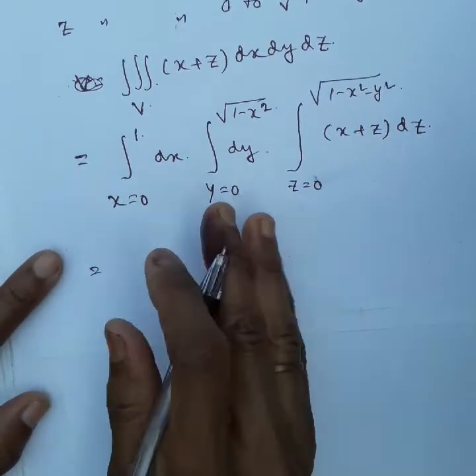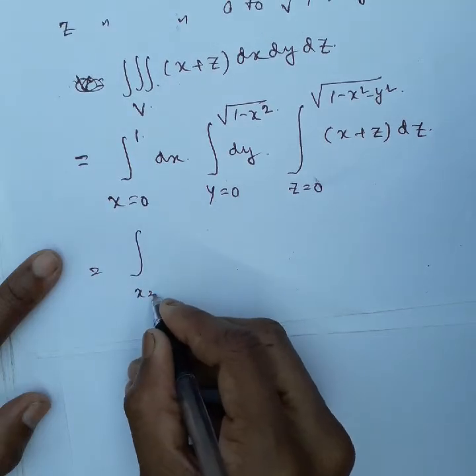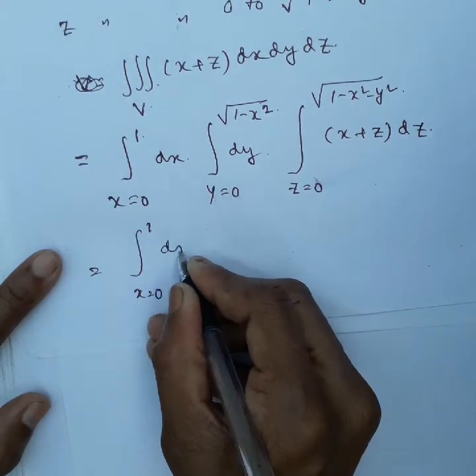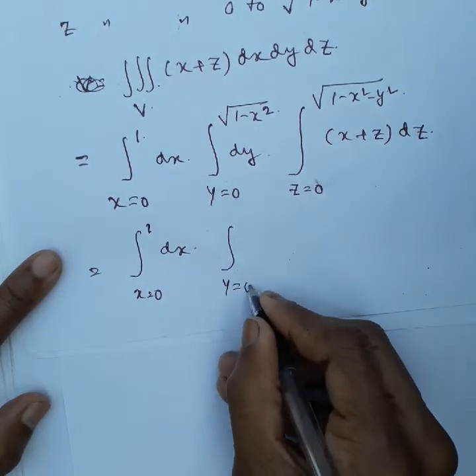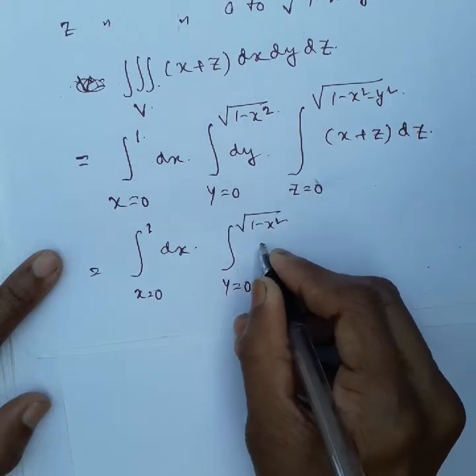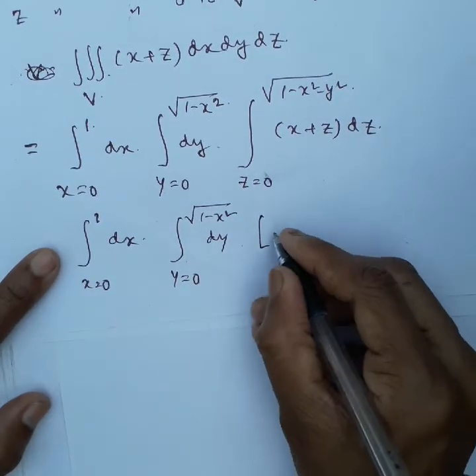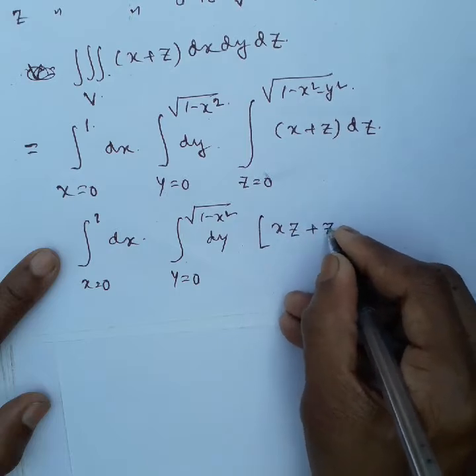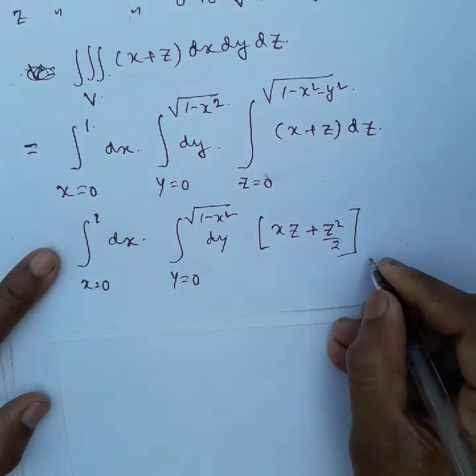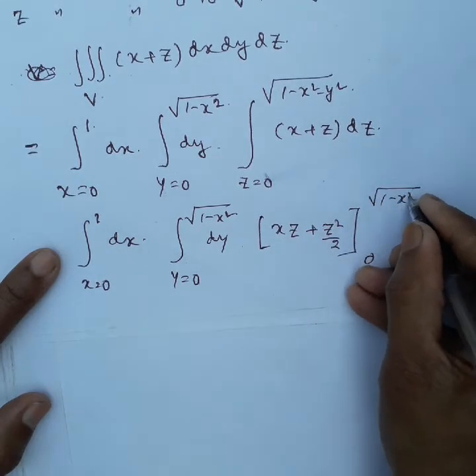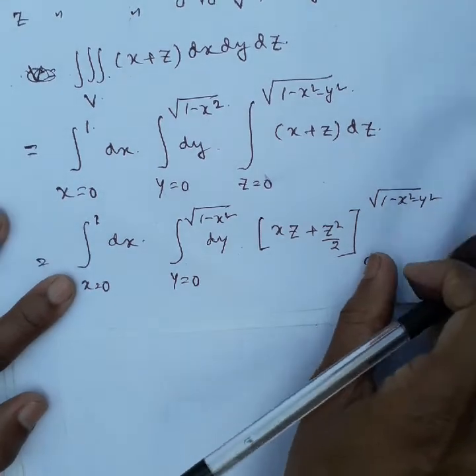Okay, so 0 to 1 dx, 0 to root of 1 minus x square dy. After integration, this is xz plus z square by 2, from 0 to this.